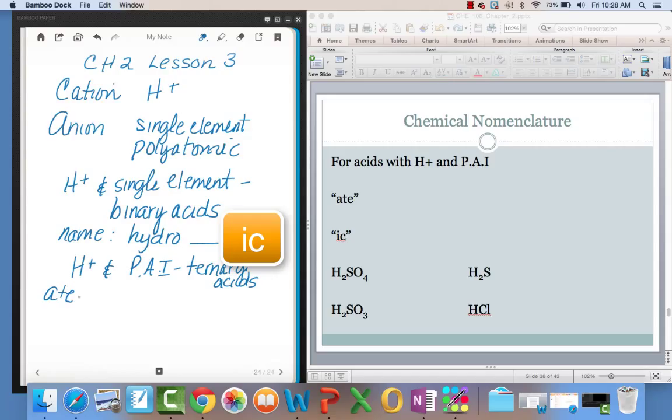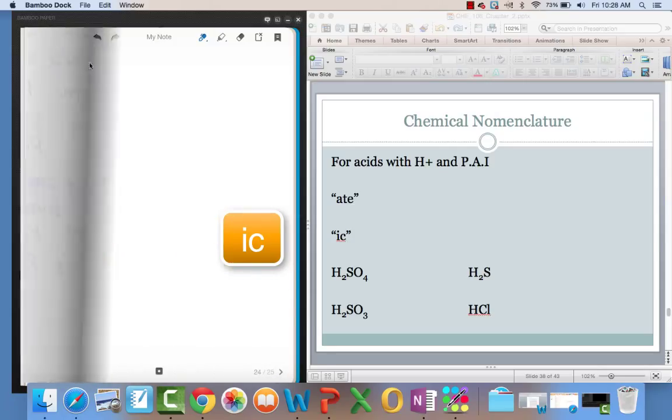Ate turns into ic, and ite, please write this in, turns into us. So we refer to this as "atic itis." It sounds like an illness. If you have a polyatomic ion that ends in ate, you're going to change the ending to ic. If you have a polyatomic ion that ends in ite, you're going to change it to us.